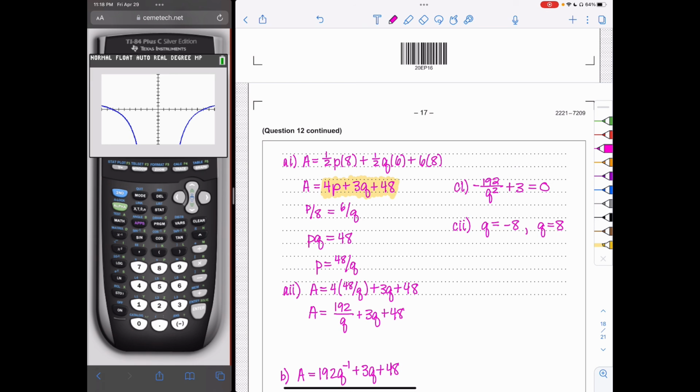So if I press second trace and find that 0, I would go somewhere on the right hand side and press enter, then somewhere on the left hand side and press enter, and then on the right side of the x-axis and press enter as well.